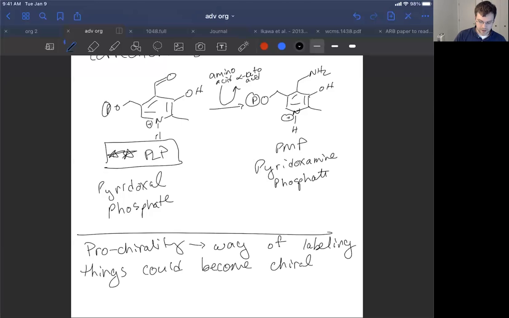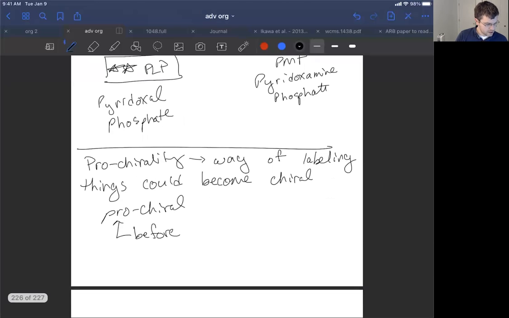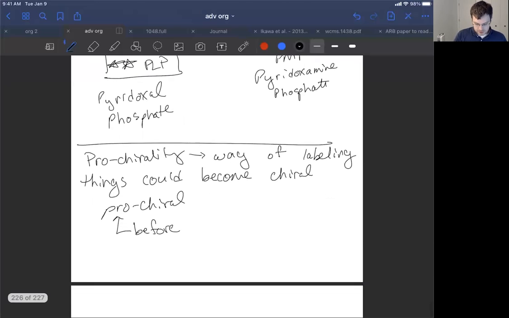Prochirality means before chirality. Where you often see this is in the context of carbonyls. Carbonyls are not chiral, but they could form stereoisomers.